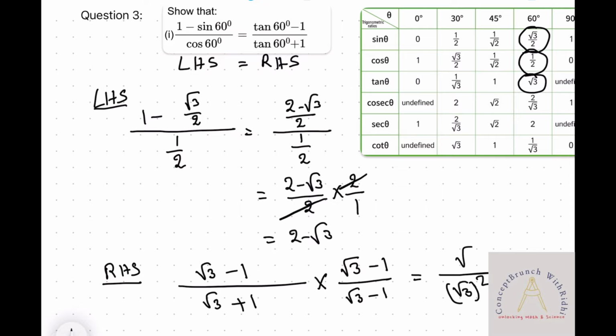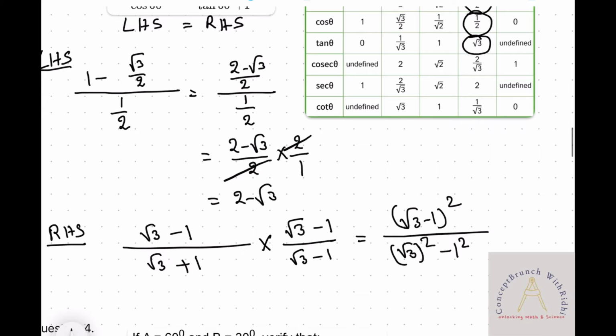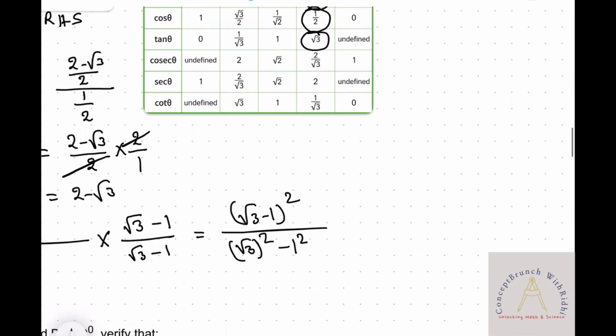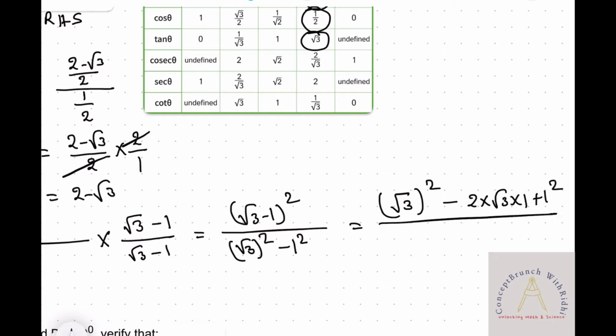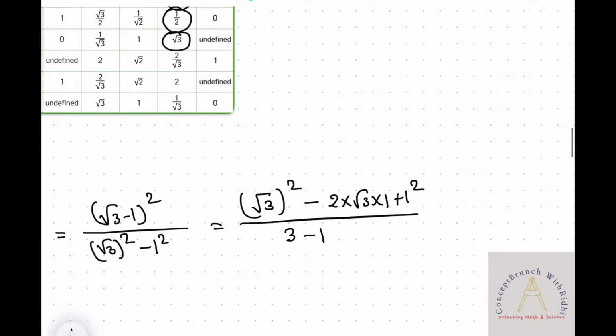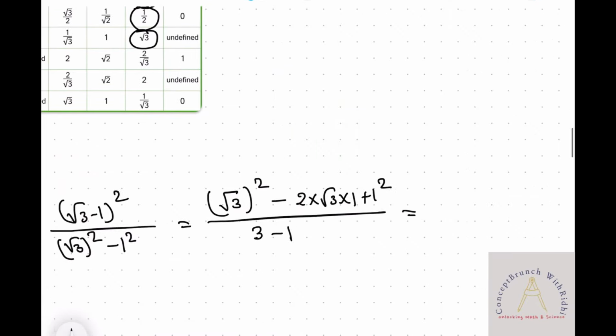Now here we can write root 3 whole square minus 2 times root 3 times 1 plus 1 square, divided by 3 minus 1. Next, we can write 3 minus 2 root 3 plus 1 divided by 2, correct?